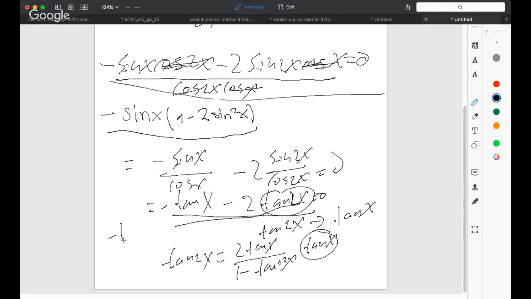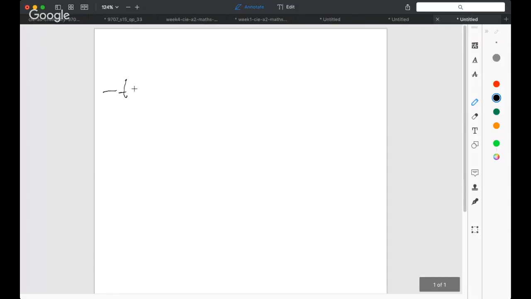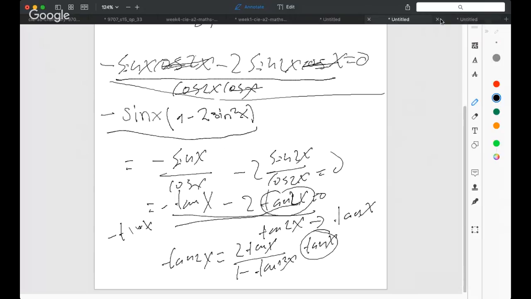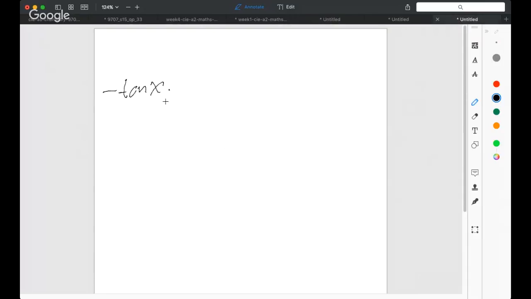Let's start a new page. So now it becomes minus tan x minus 2 times 2 tan x over 1 minus tan squared x equals 0. So do you know how to solve this equation now?